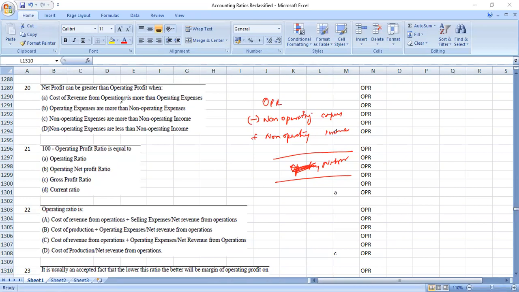cost of revenue from operation is more than operating expense, doesn't matter, that all gets finished above. Operating expenses are more than non-operating expense, doesn't matter, operating expenses get finished here. Non-operating expenses are more than non-operating income. When that happens, there will be a negative number here, and operating profit will get reduced and net profit will be lower. Non-operating expenses are less than non-operating income.